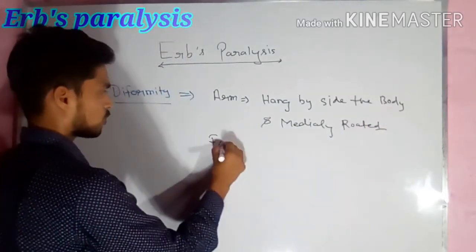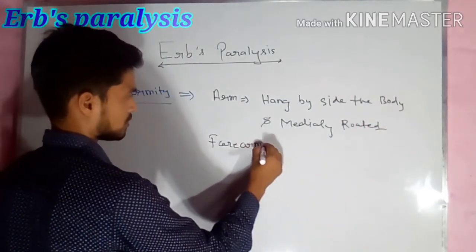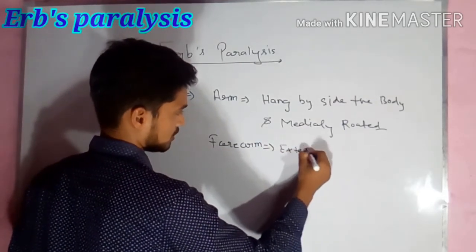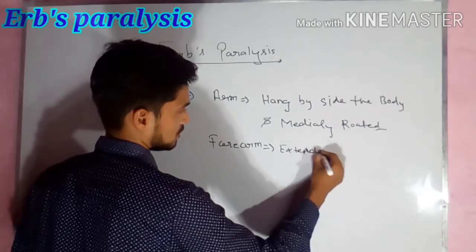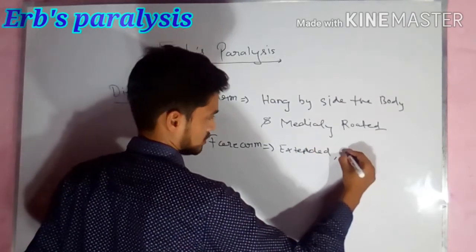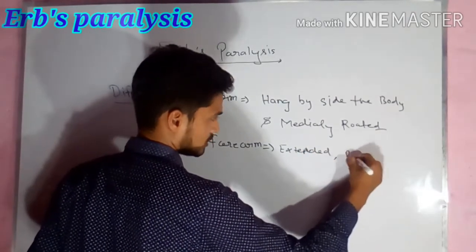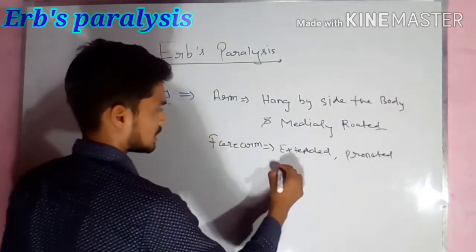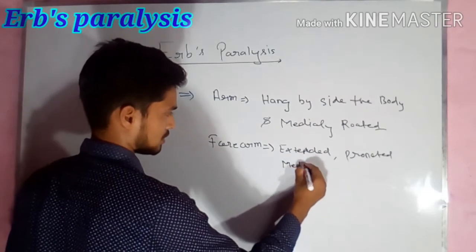Okay friends, and the forearm is extended and in pronation, means pronated, and third one is medially rotated.